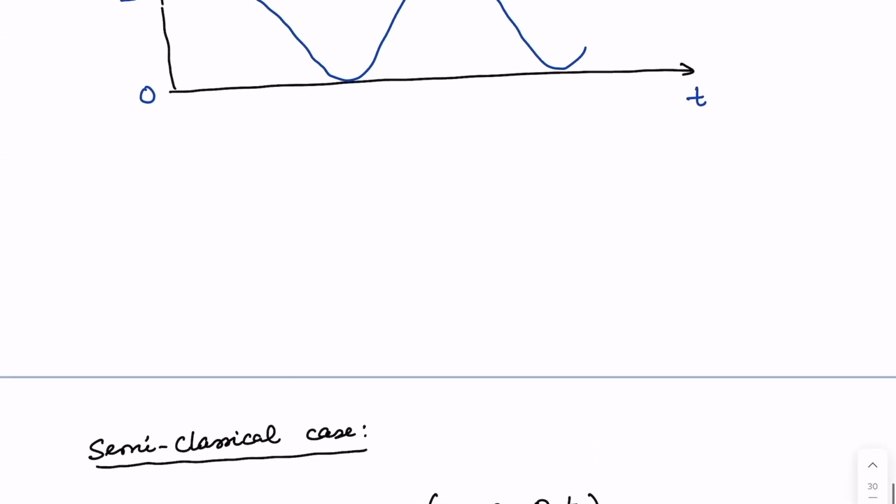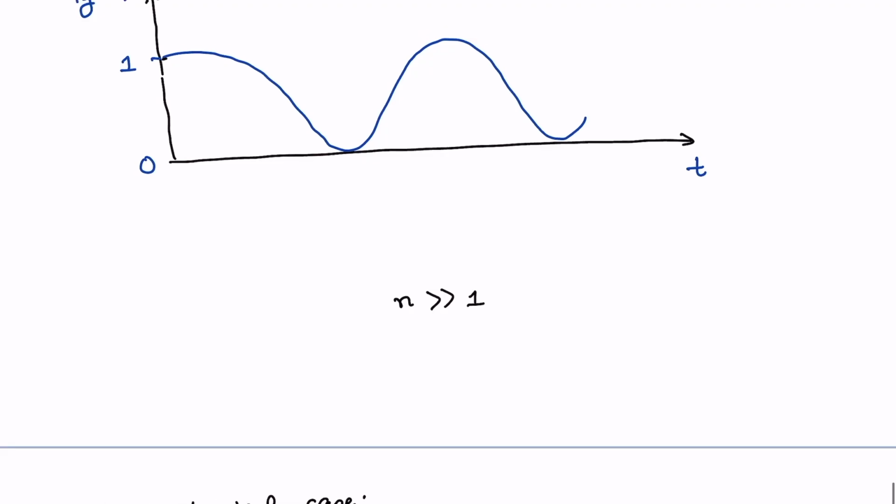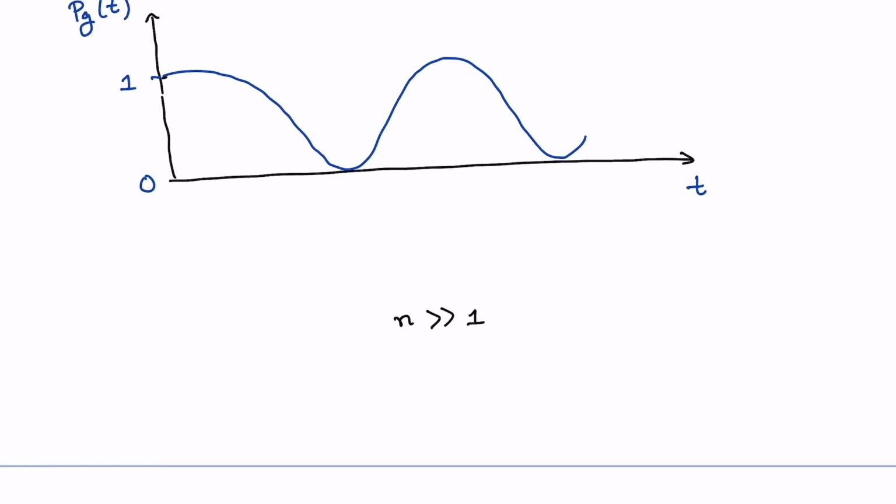In fact, if we go on increasing the number of quanta, n much greater than 1, then this quantum case is going to approach the classical case, and if we increase the number of quanta in the field mode, the Rabi frequency is also going to increase, as I am showing in this plot.